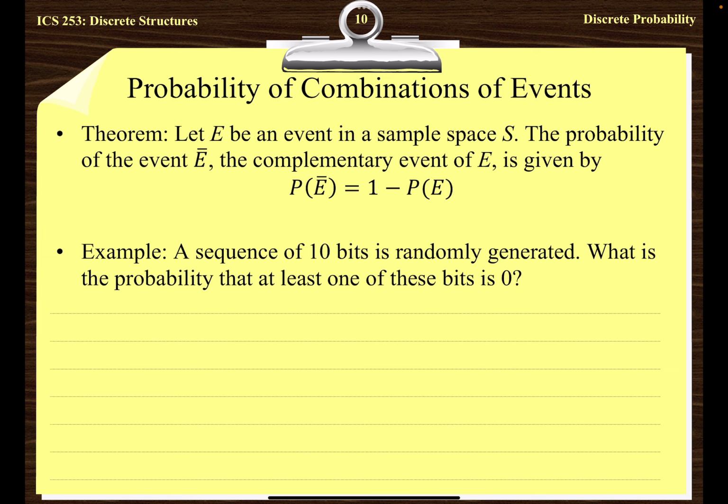Well, as we have seen before in chapter 6, sometimes it might be much easier to get the probability of the complement of the event that I'm trying to find.